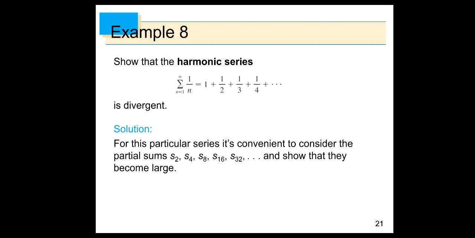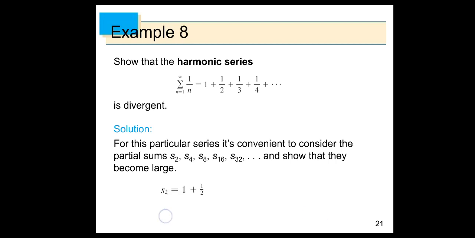So for this particular series, it's convenient to consider the partial sums. We have to deal with the partial sums, and then we will add those partial sums to show how large they can become.